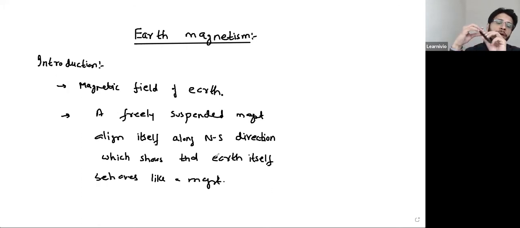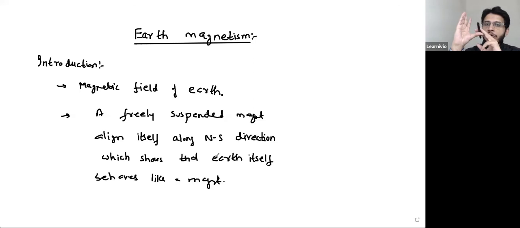So if you rub a needle or a scissor, a piece of iron, with a magnet, then that needle or scissor gets magnetized. In the same way, instead of rubbing this iron piece with a magnet, if you bury that iron piece into the earth, then after a certain time, that iron piece may get magnetized.